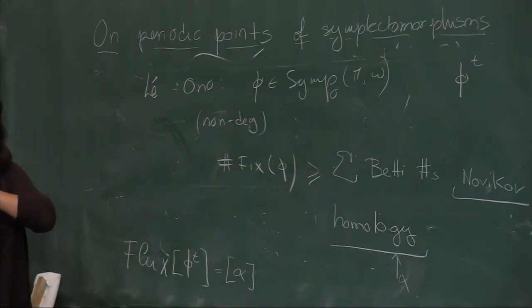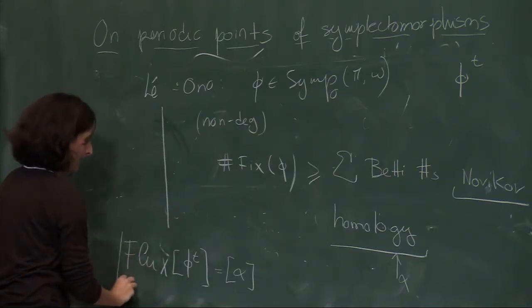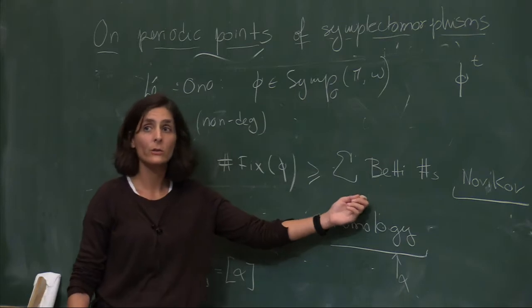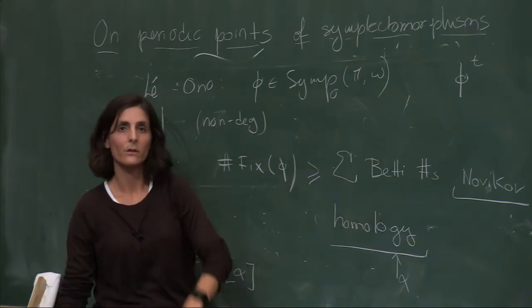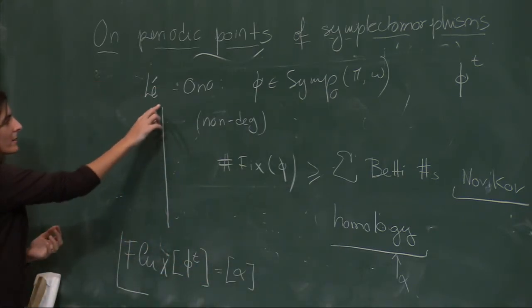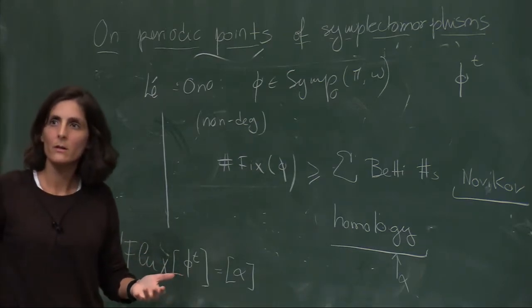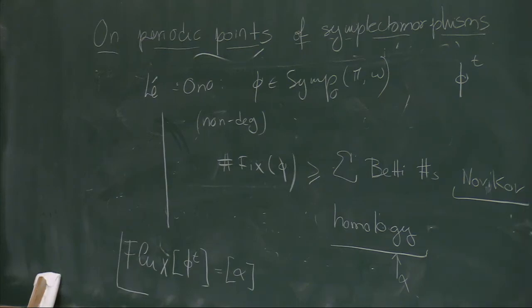Was that your question? This lower bound may actually be 0, as in the case of the two torus with that horizontal translation. So sometimes it's a variant of the Arnold conjecture, but it doesn't give the existence of fixed points.